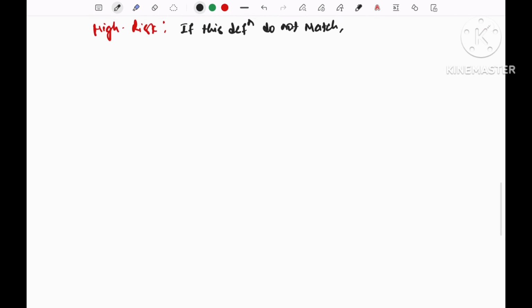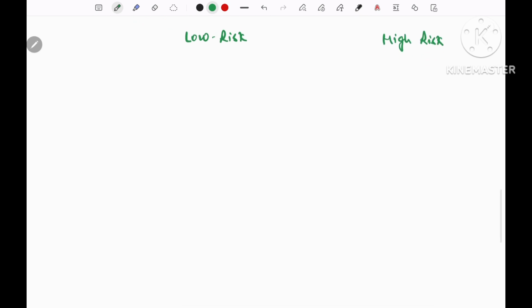Now what has been revised is that previously we just wrote carditis, arthritis, but now it has been revised. So let's see what has been revised. First I will write the low risk and high risk. In Jones criteria, there are major criteria and minor criteria.